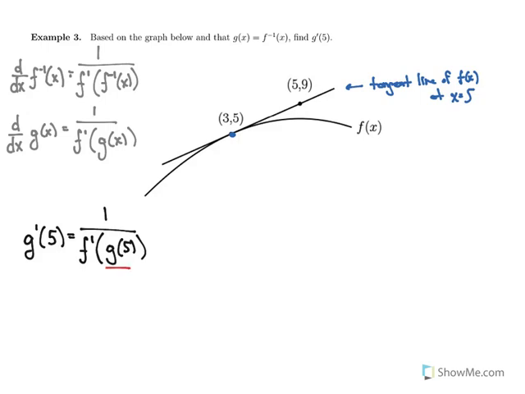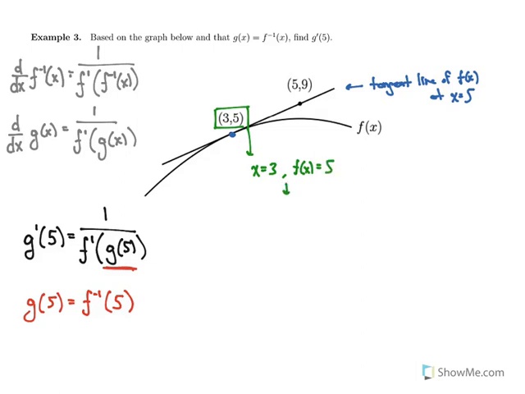All right, now we can kind of get into it. What is g of 5? So g of 5 is going to be the inverse of 5. So that's going to be the x value associated with the function value equal to 5. And that's going to correspond to this point right here. So in this point, we have x equal to 3 and f of x equal to 5.